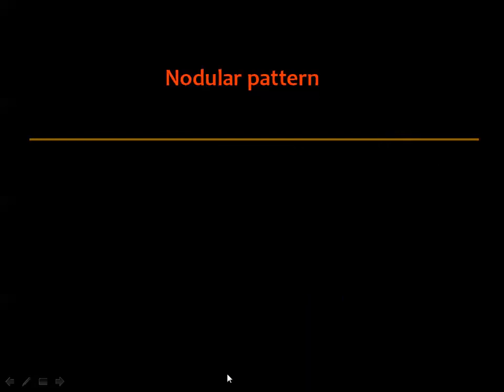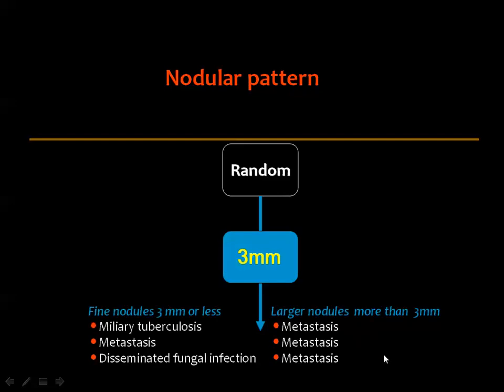Then we come to the nodular pattern, which means that there are many nodules scattered throughout the lung. We have three patterns of distribution. For the random distribution, consider the size of the nodules. If it is less than 3 millimeters, consider first miliary TB, metastasis, and then fungal infection.